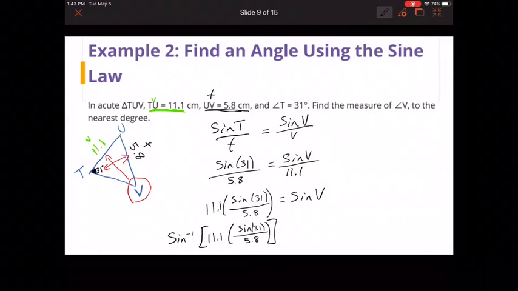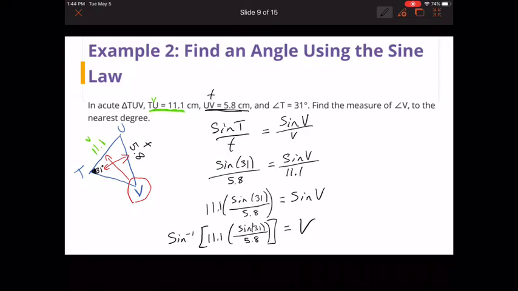So sine to the negative 1 of 11.1 times sine of 31 divided by 5.8 is our answer. And like I said, you can do that in little bits, or you can do that in one big go.